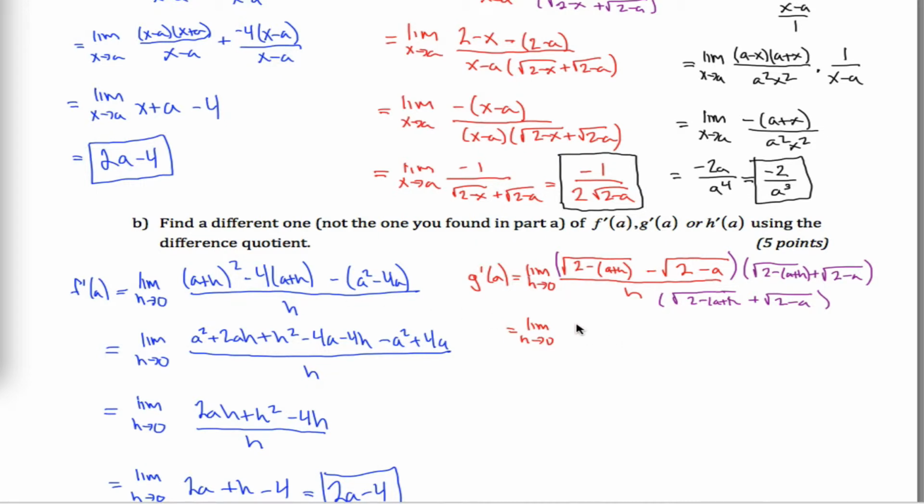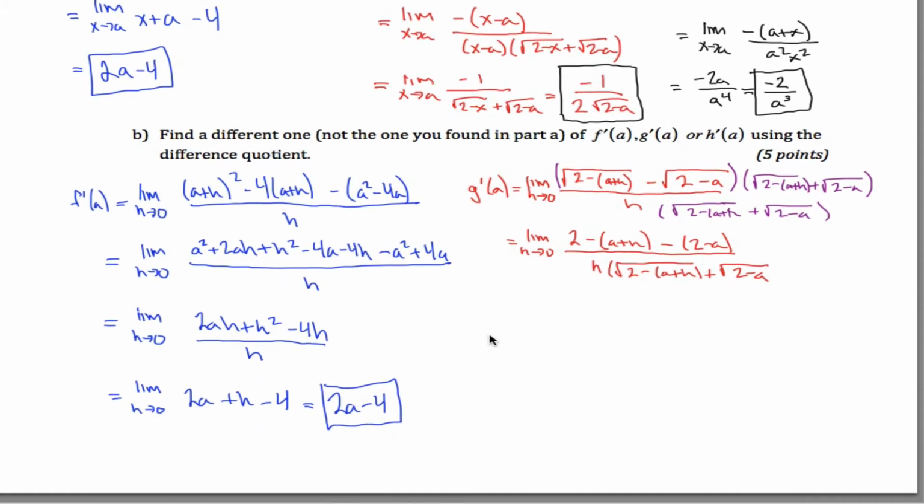What I'm going to be left with up top is just 2 minus a plus h minus 2 minus a, divided by h times this mess, the square root of 2 minus a plus h plus the square root of 2 minus a.